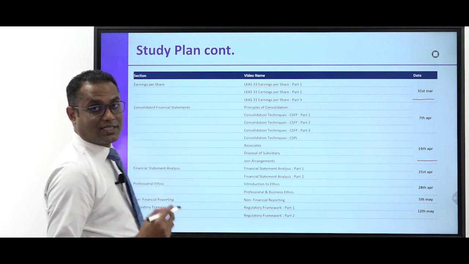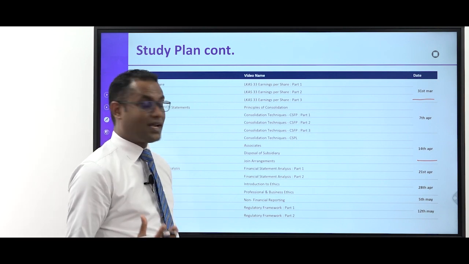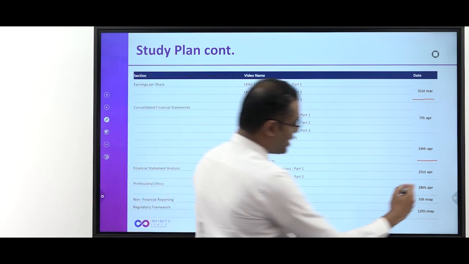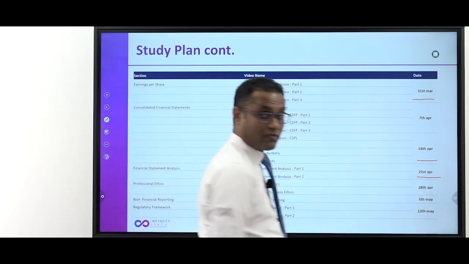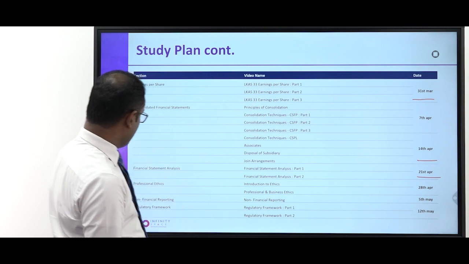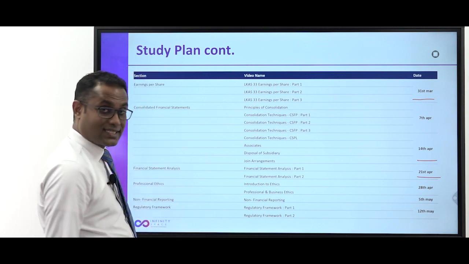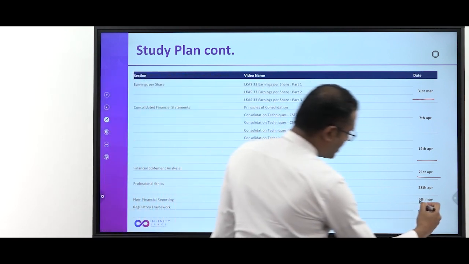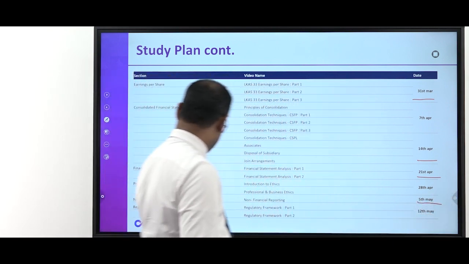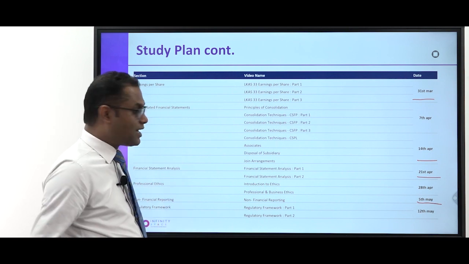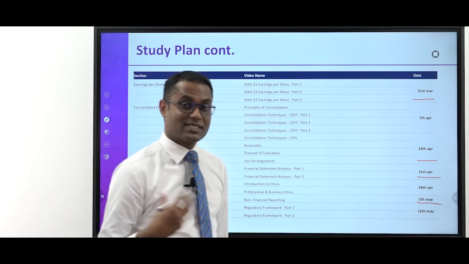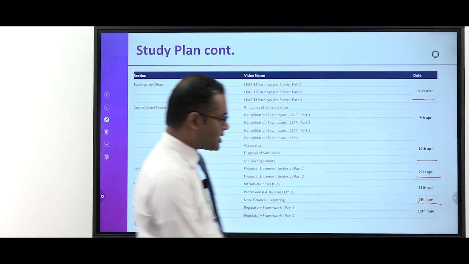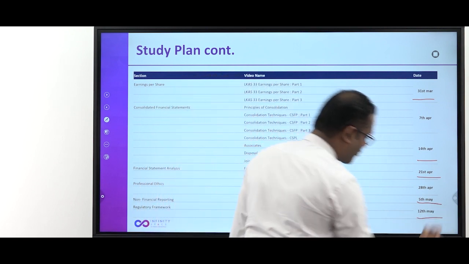Financial statement analysis, that is ratio computation and analysis, would be uploaded into the LMS by 21st April. Then professional ethics, governance, including non-financial reporting, by 5th of May. Finally, regulatory framework, regulatory aspects relevant to the preparation of financial statements, would be uploaded by 12th May.